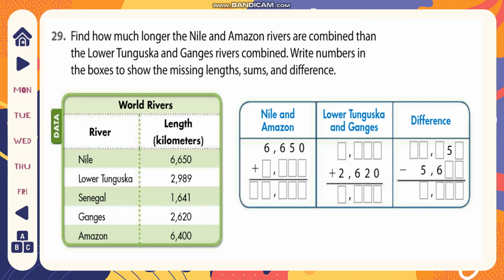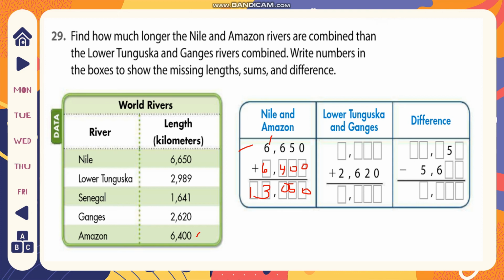Find how much longer the Nile and Amazon rivers are combined than the lower Tunguska and Ganges rivers combined. Write numbers in the boxes to show the missing length, sums, and differences. So the Nile is 6,650 and the Amazon is 6,400. So if we're going to solve, 0 plus 0 is 0, 5 plus 0 is 5, 6 plus 4 is 10, regroup 1, 6 plus 6 is 12 plus 1, that is 13,050.